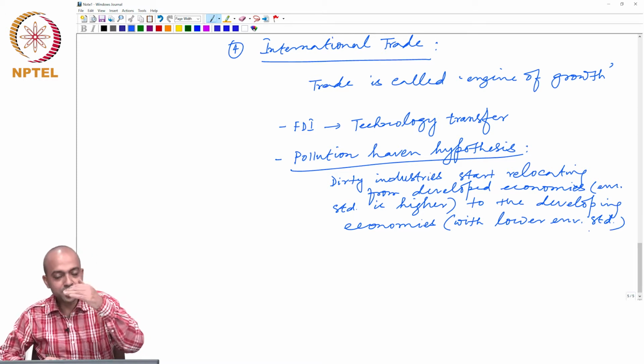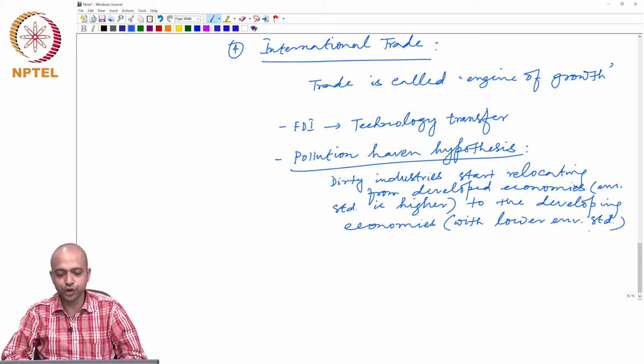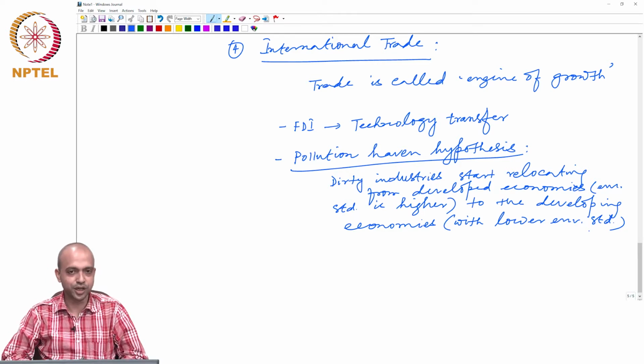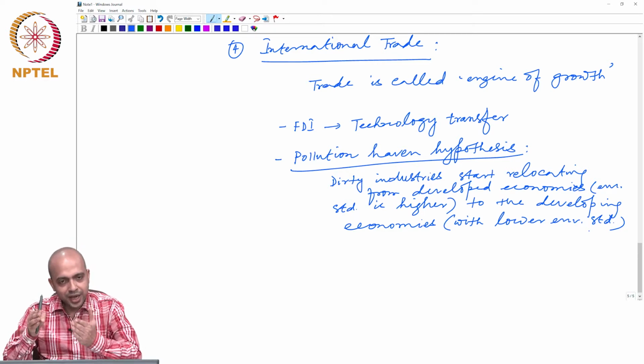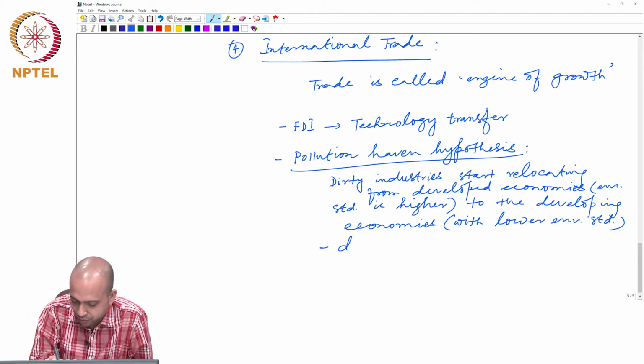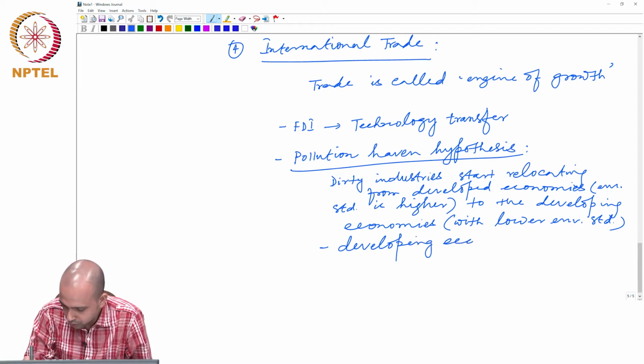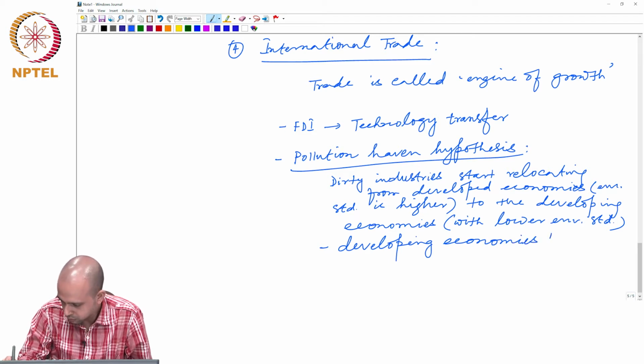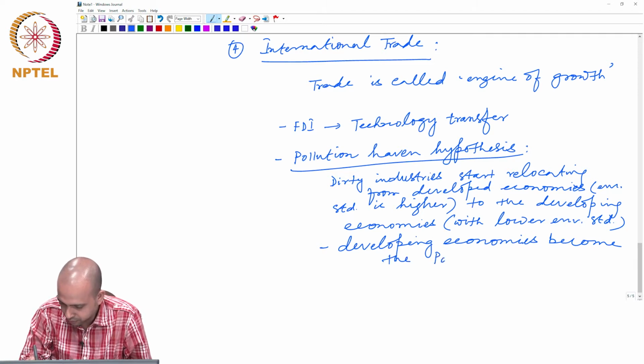Okay. So dirty industries start relocating from developed economies to the developing economies, and as a result of which, what happens? Developing economies become the pollution haven.